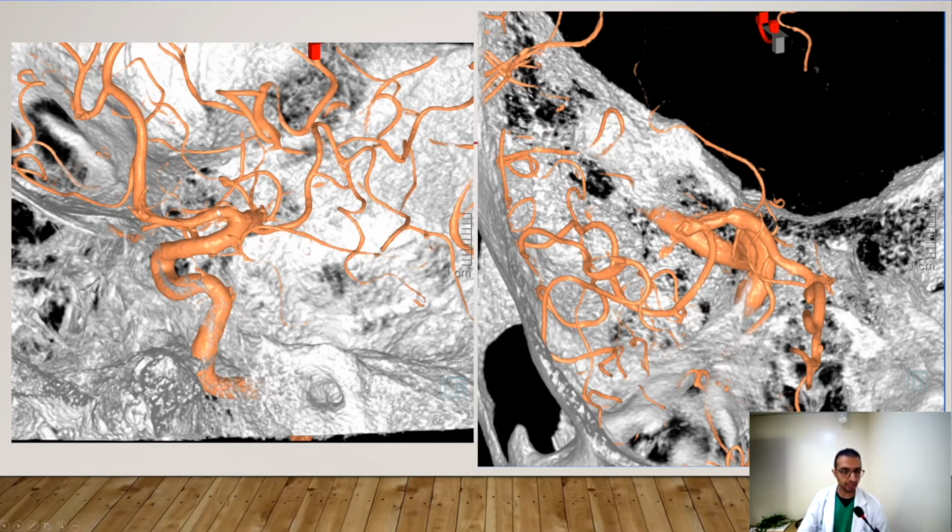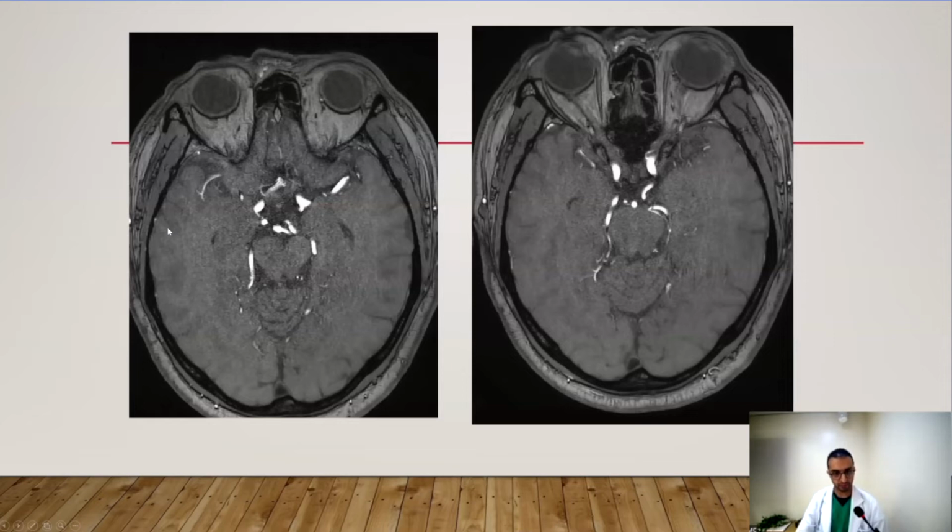And even here in the lateral projection, we can see that it confirms the presence of the ophthalmic artery from the A1. I tried to reveal how it looks from the left side and from the right side from the MR angio, but it's not good.